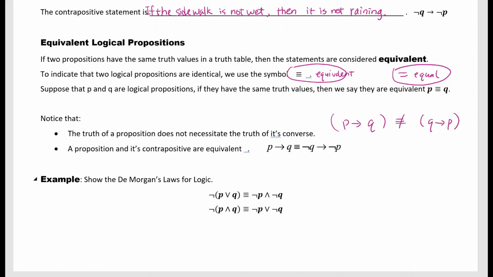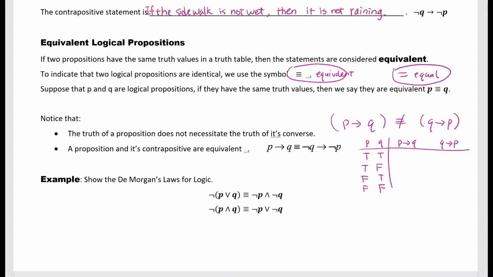If we look at the truth table, I don't have enough space here, so let's do it here. P, Q, P implies Q, Q implies P. P is true, true, false, false. Q is true, false, true, false.